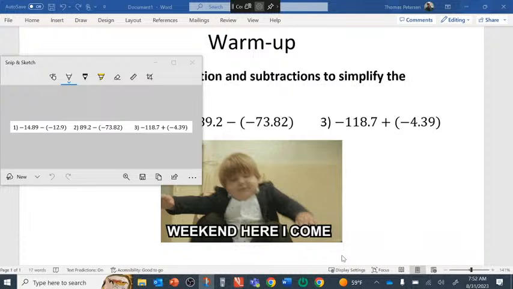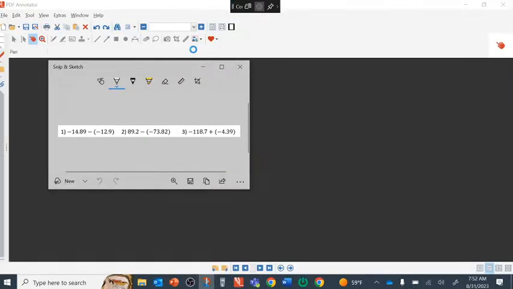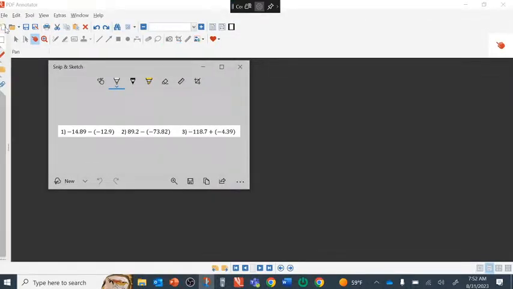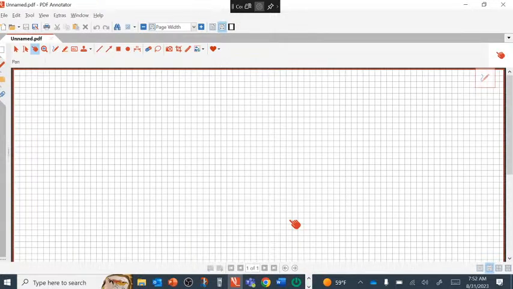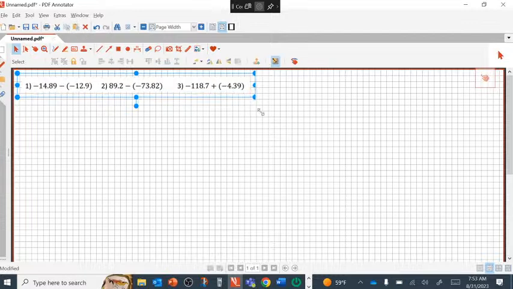Oh, it's thinking of opening that PDF annotator so that I can write some notes. Hello? Hello? Oh, there you are. There we go. I know first period always has so many loading screens and calculator songs and all that good stuff. Okay, here we go. Hooray, we made it.